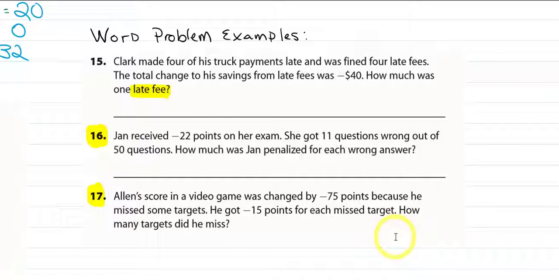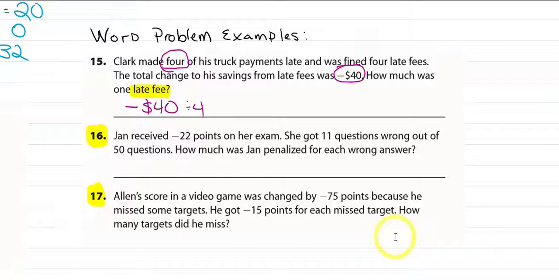So we're trying to figure out how much one late fee was out of all of them. We're going to take a look at the information that's given to us. He made 4 truck payments late, and he was fined for the 4 late fees. The total amount that they fined him was a minus $40. So we're going to take the negative $40 and we're going to divide that by the 4.